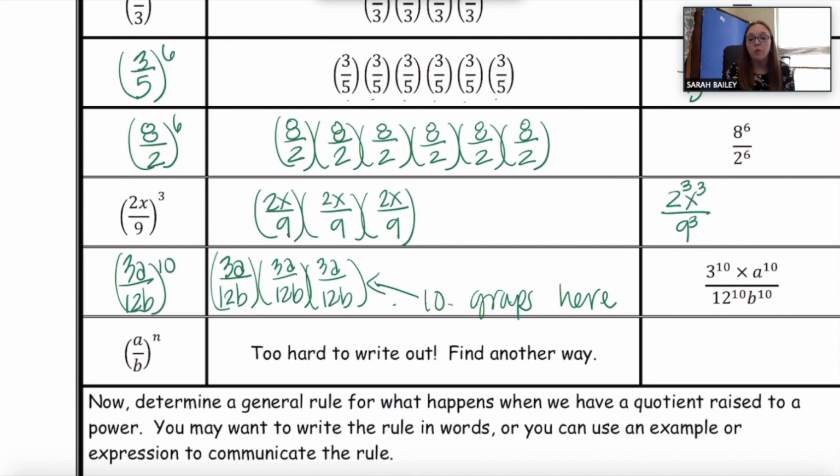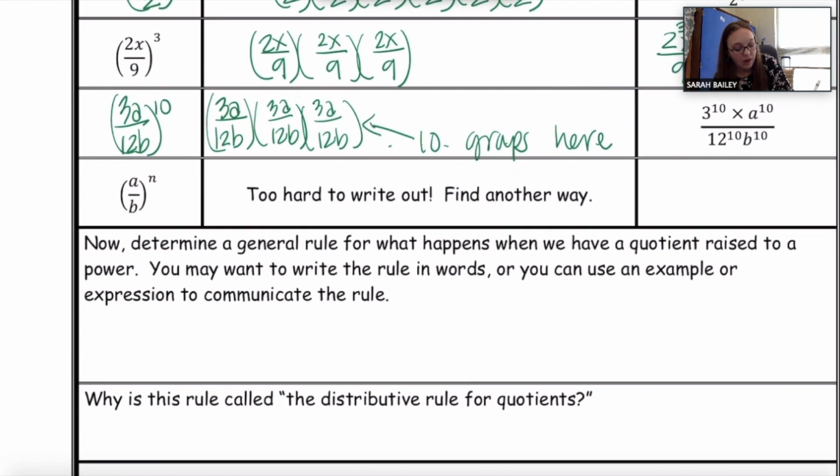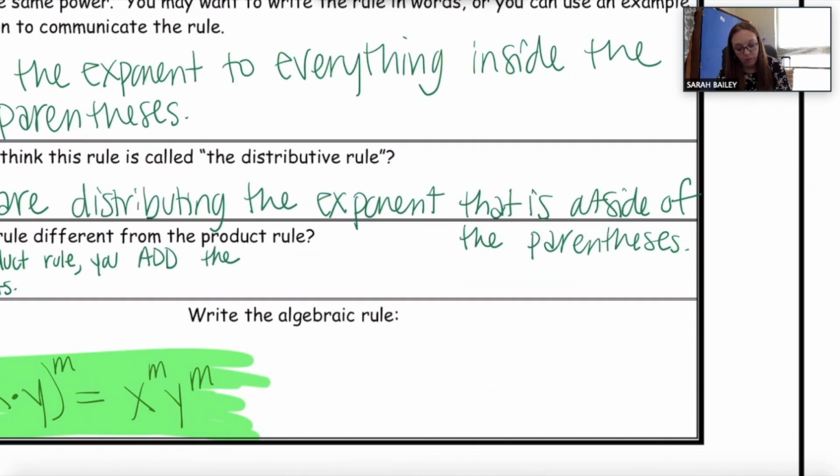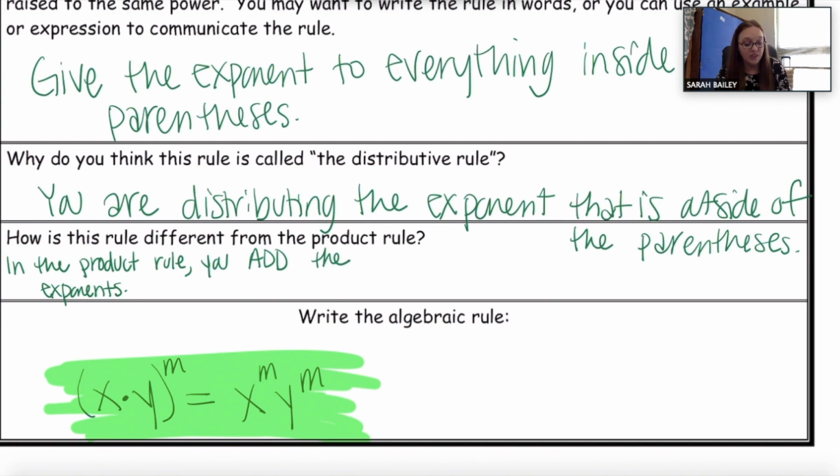And then the last one we have a over b all to the nth power. So at this point we know it's going to be a to the nth power over b to the nth. So what is that rule? What are we doing here? It's basically the same rule that we put here. Give the exponent to everything inside the parentheses.